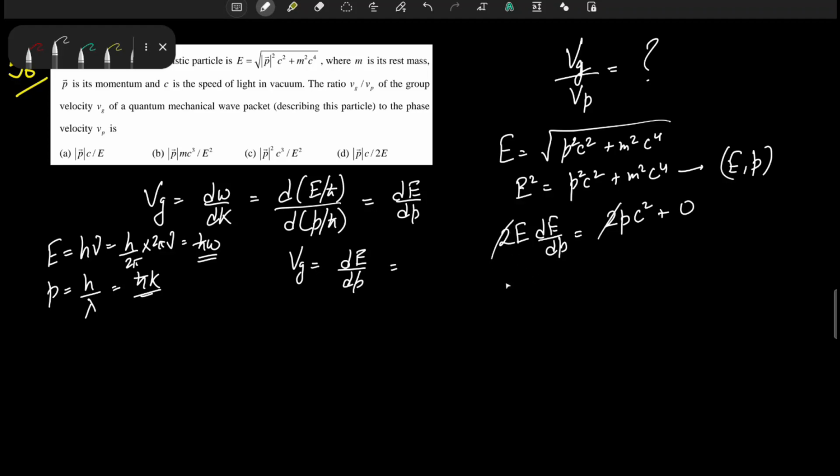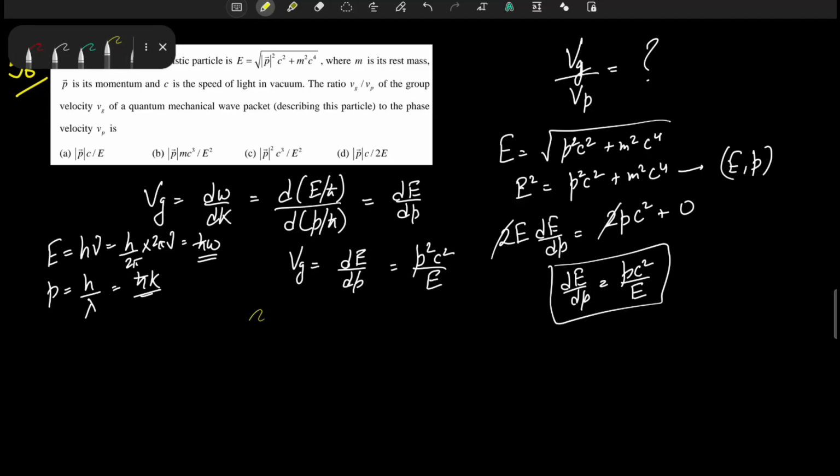Now 2 and 2 will cancel, and dE by dP would be equal to pc square by E. So the group velocity is this, p c square by E.